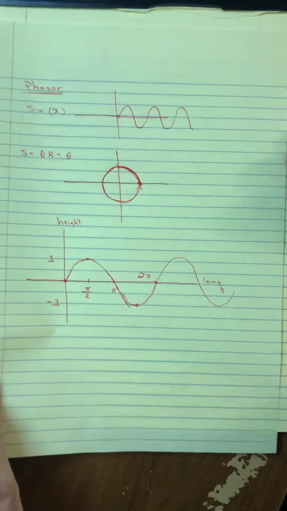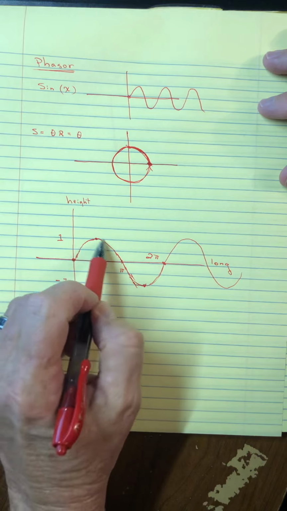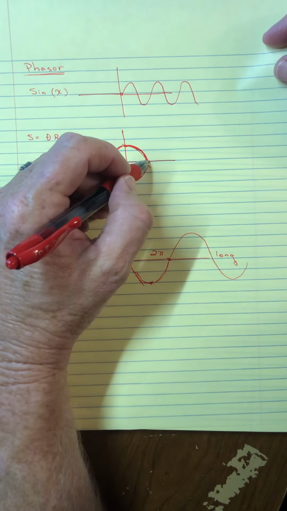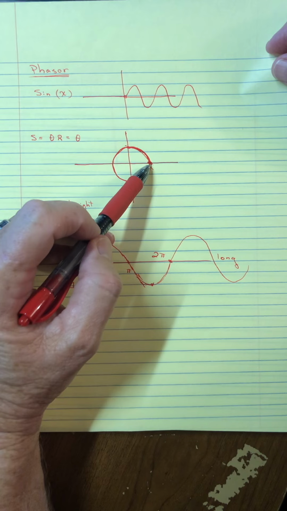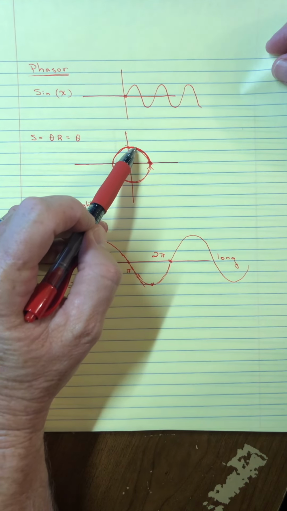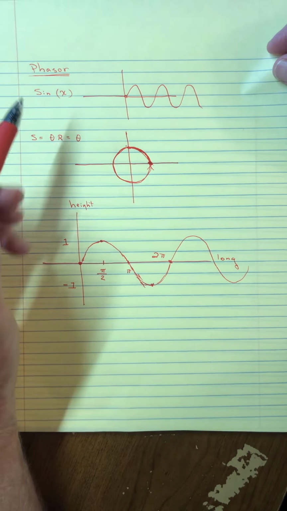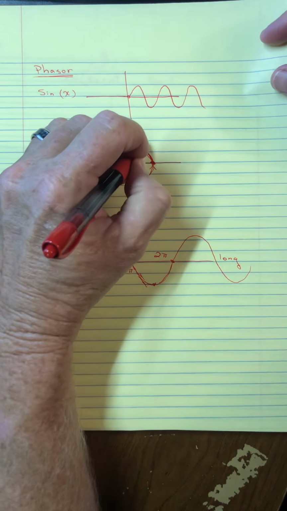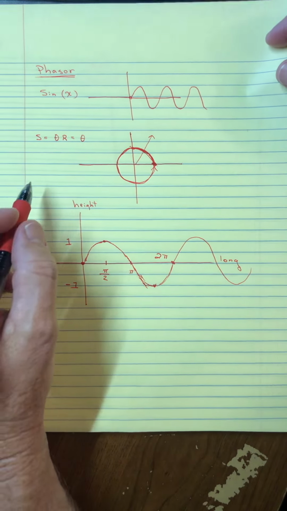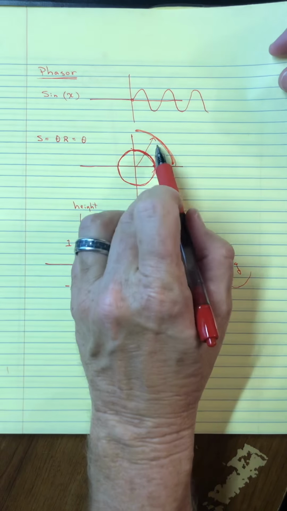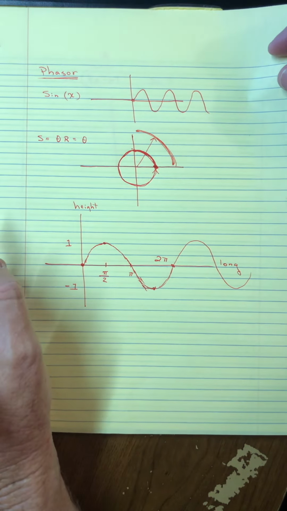Instead of thinking of sine A as being this curve that goes up and down and up and down, you could think of it as a point at the tip of a circle that goes around and around and around. And it doesn't even have to be a unit circle. If you put then an amplitude in front of it, this then would be the radius.